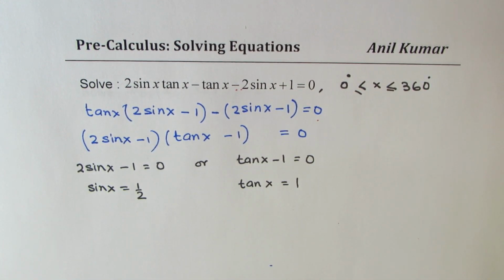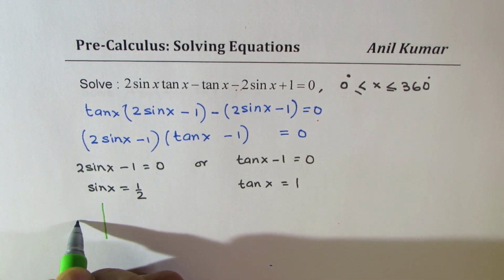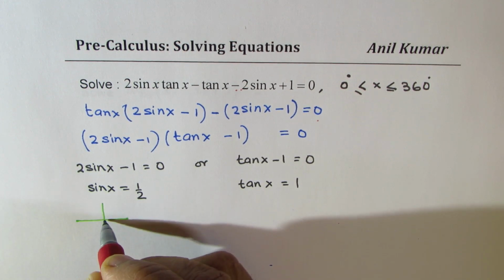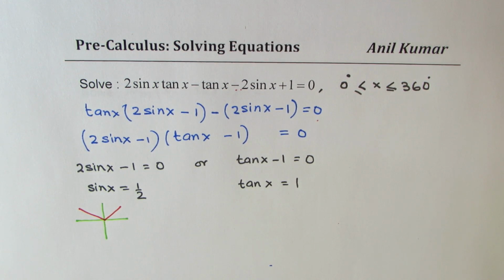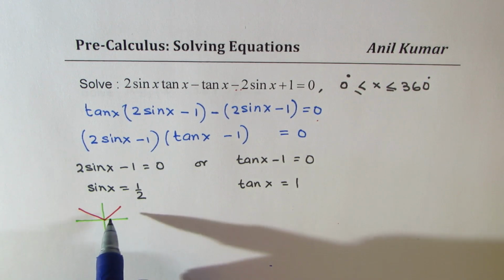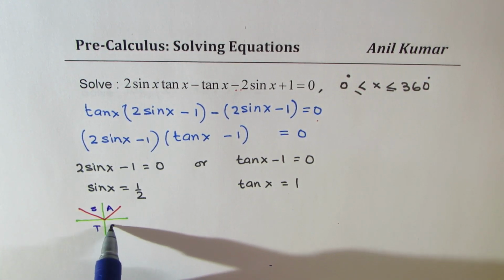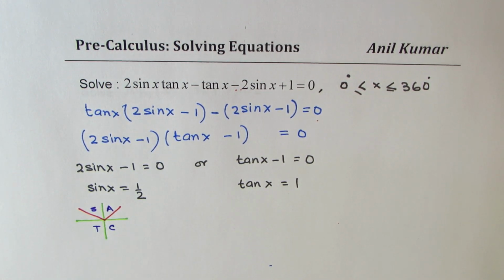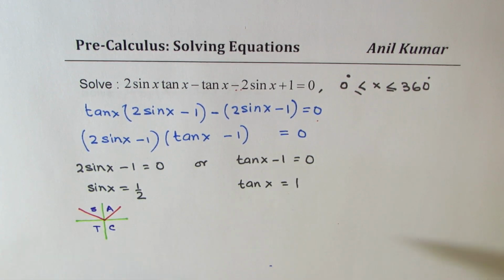In that case, what are my solutions? When we say sin x equals half, we are saying that sine is positive in these two quadrants. So we are expecting solutions in quadrant 1 or quadrant 2. I hope you remember, all are positive in the first, sine is positive in the second, tan is positive in the third, cos in the fourth. Since we have a positive result, we have two solutions. Second, let me remind you of our special triangles.